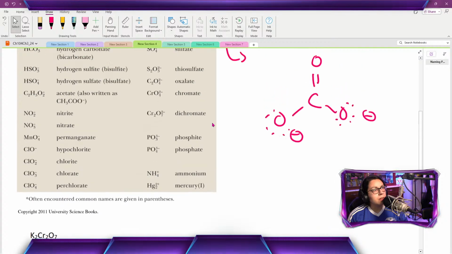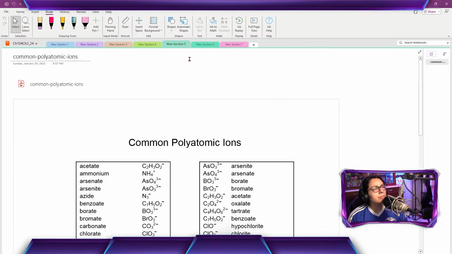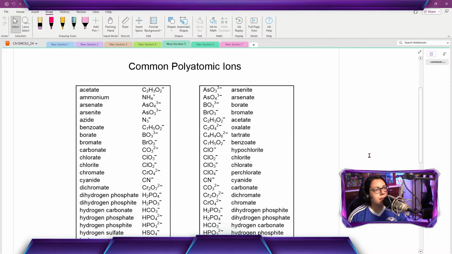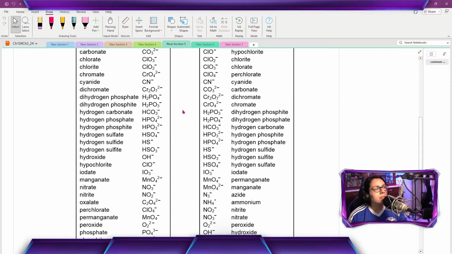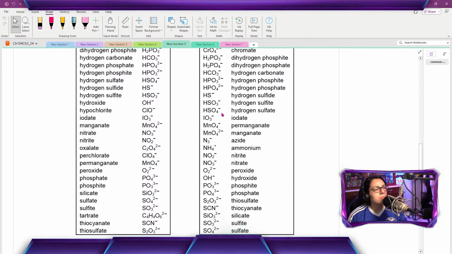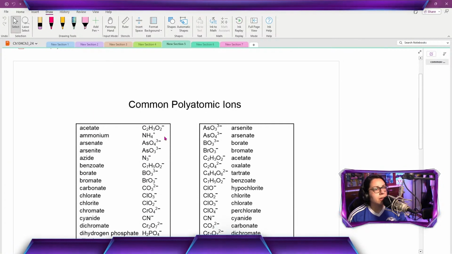Let me see. Do I have another? This is a good polyatomic cheat. So on the next slide over, it has a bunch of charges. So this is useful. I'm trying to remind myself what order they're in because these are the same, they're just arranged in different ways.